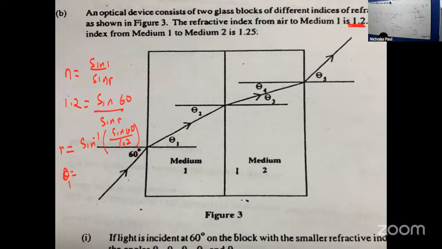Divided by 1.2, right? So theta 1 is how much? Right, 46.2. And theta 2 is what? 46.2, nice. And how do we get theta 3, Megan? What's the formula to find theta 3?